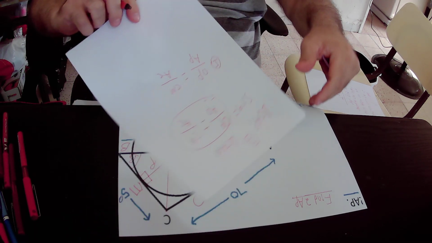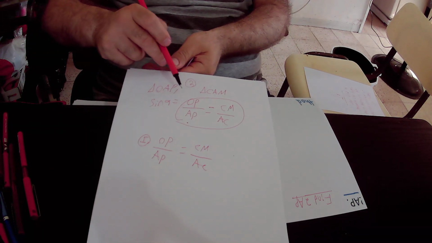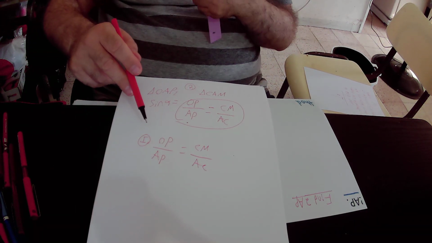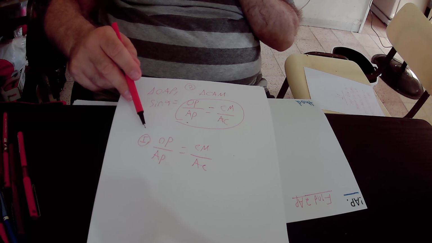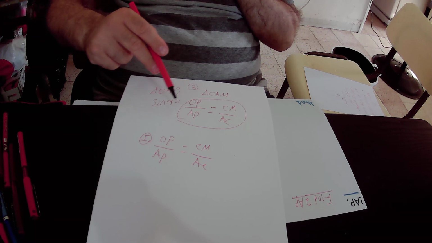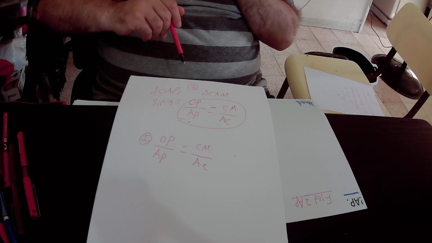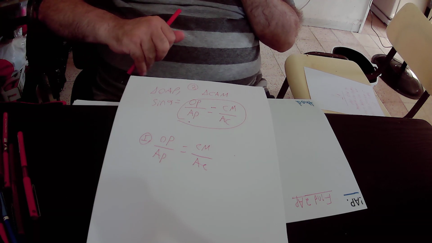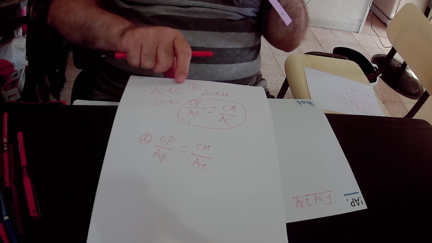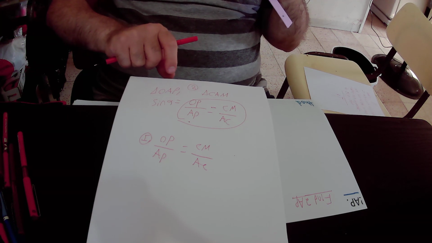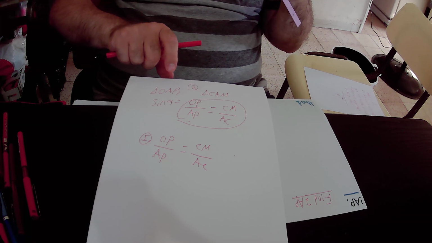Okay, so I copied this equality, and it is actually the first equation, that OP over AP equals CM over AC. Okay, so this is the first equation.